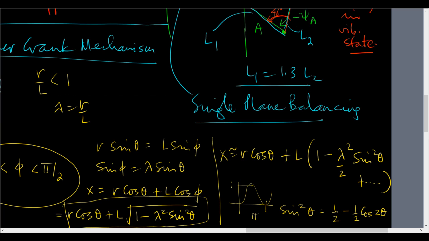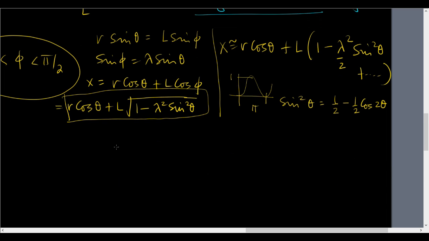Okay, so the half part and this one just becomes a constant, and what we have is, x is some constant which we don't care about, plus R cos theta, plus, because this was a minus, so that's a plus, lambda square by 4 cos 2 theta. Okay, so now here is the point.